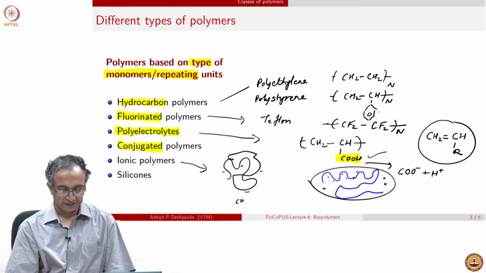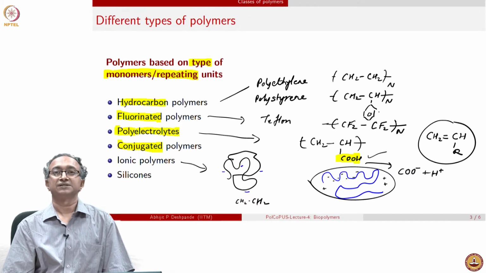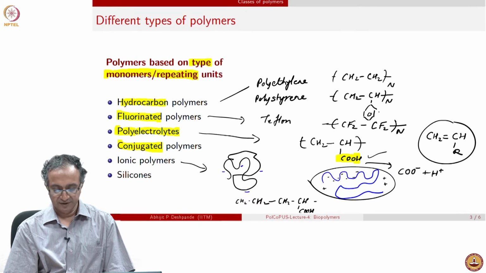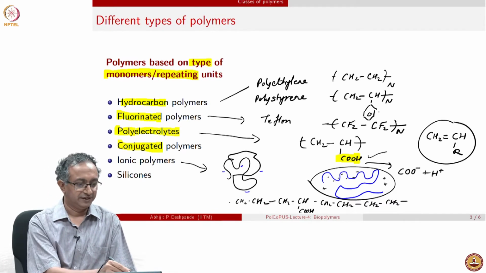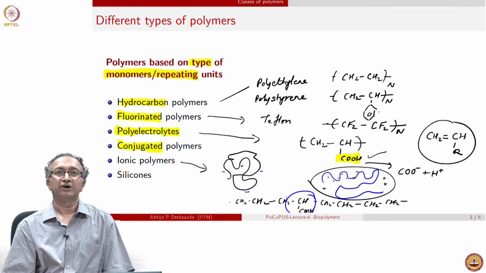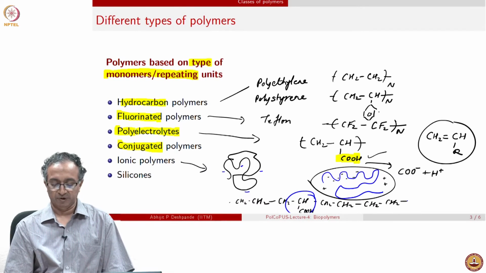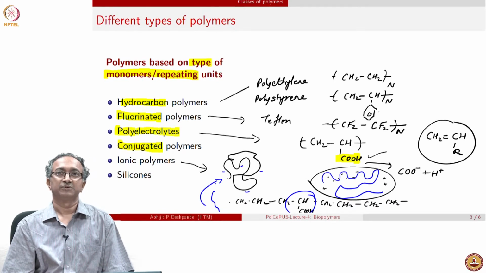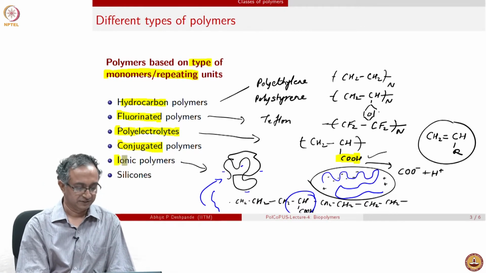So you can have CH2CH2, which is polyethylene, and then this is combined with CH2CH, COOH, and let's say you put a lot more units of polyethylene, and so what you will have is a very small number of ionic groups on a polymer chain. So then it will look pretty much like this, where the polymer chain has a few ionic groups. So these are called ionic polymers.